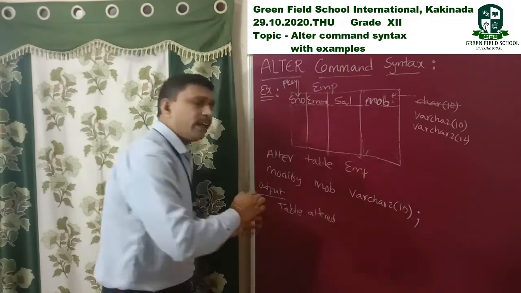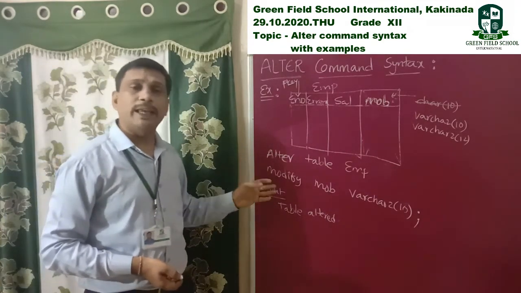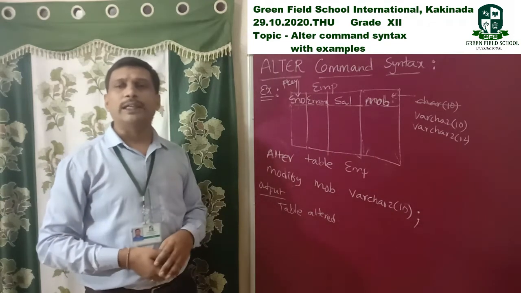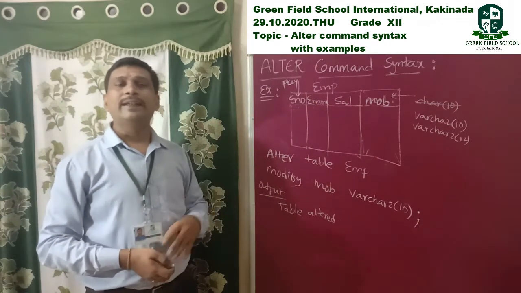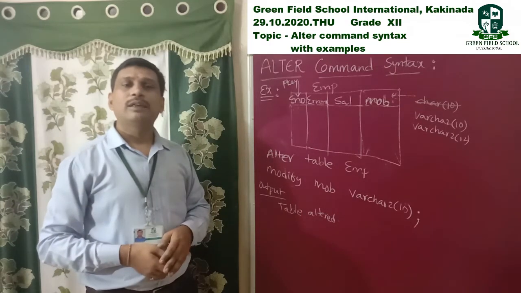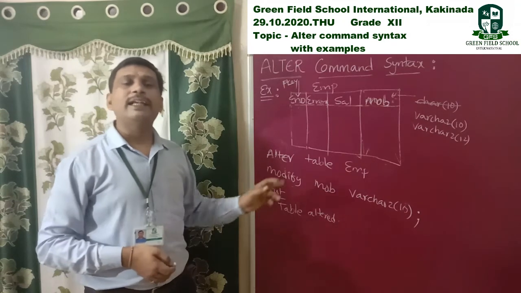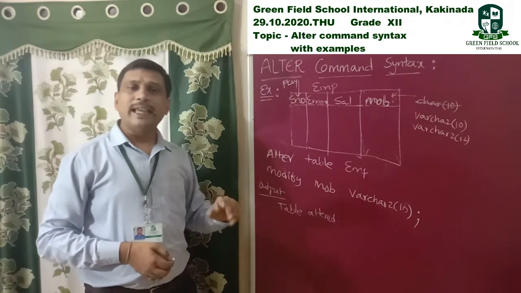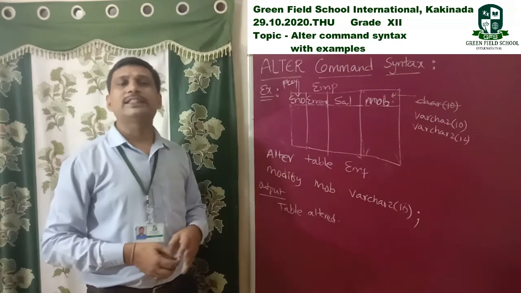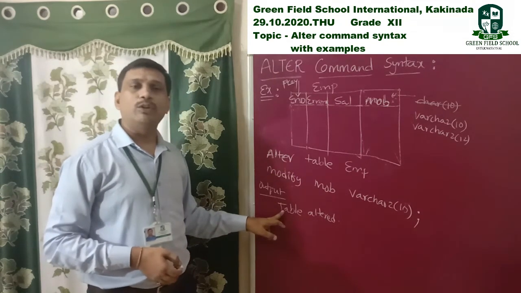Table altered means the table's structure changes automatically when I apply the alter command with any option, that is either add or drop or modify. With these three options, the database table structure is modified, and that is displayed in the output.